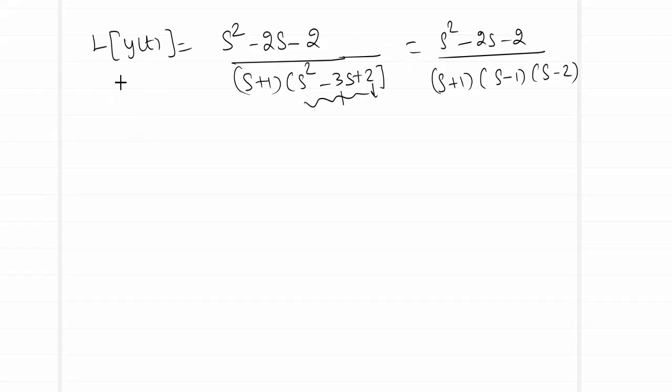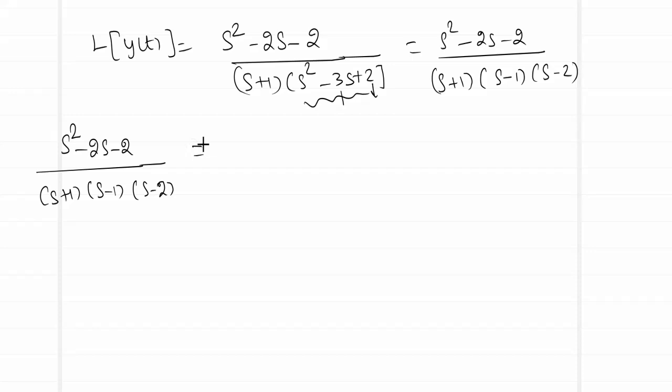Now what I want is to solve for this expression. So I will take this expression s square minus 2s minus 2 divided by s plus 1, s minus 1, s minus 2 and use any of the techniques which I have known to solve for it.